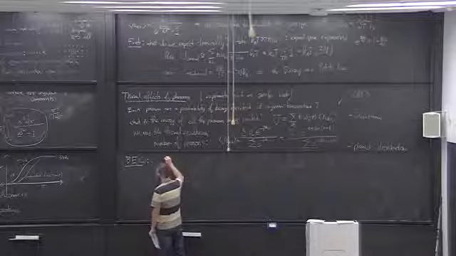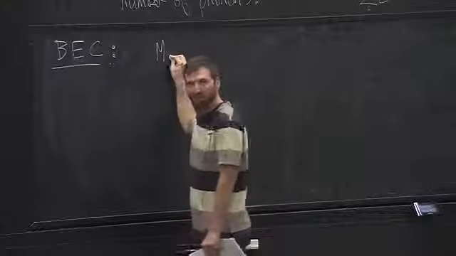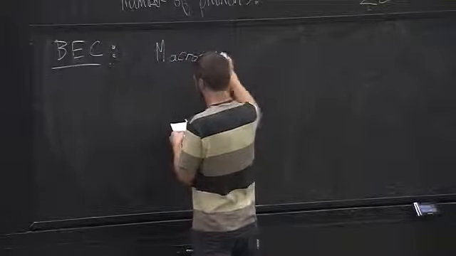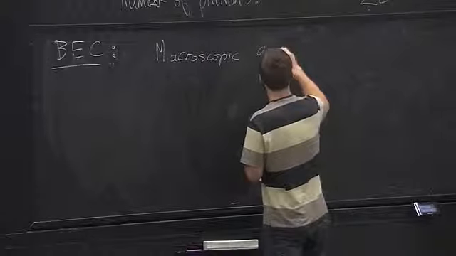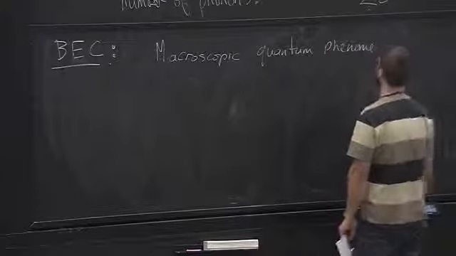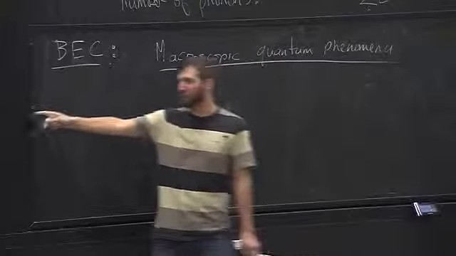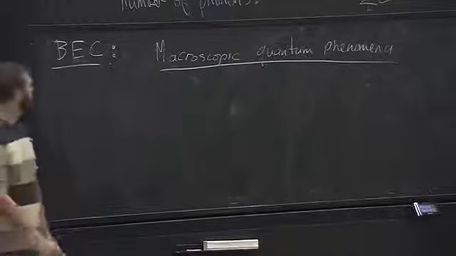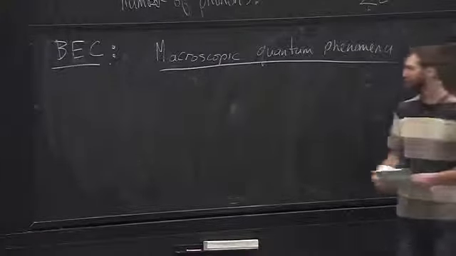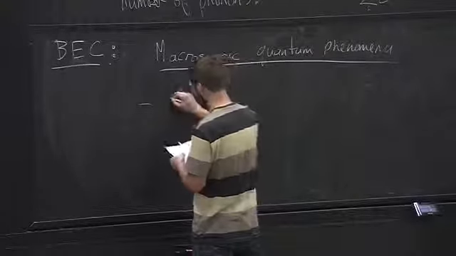And surprisingly, macroscopic manifestations of quantum mechanics come out of these elemental systems also. This is a macroscopic quantum phenomenon. Bose-Einstein condensation and its brothers and sisters are also examples of macroscopic quantum phenomena.